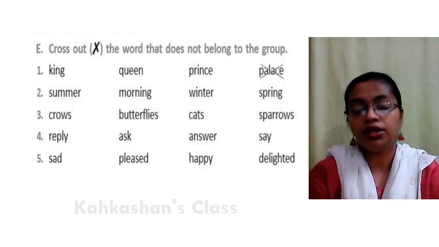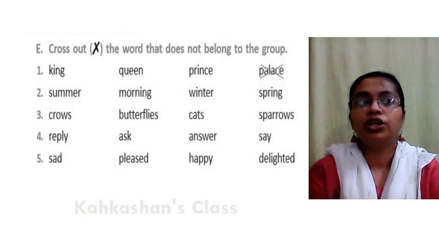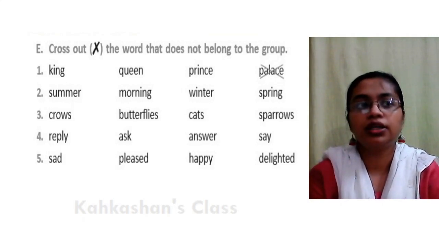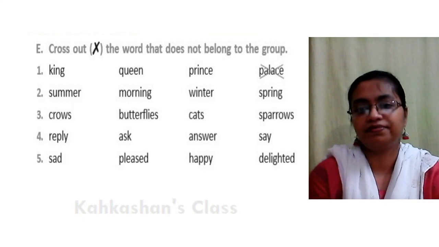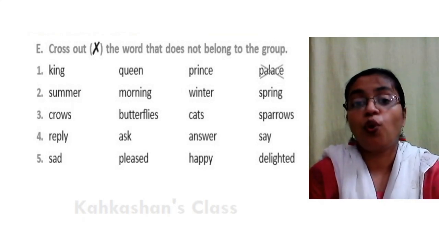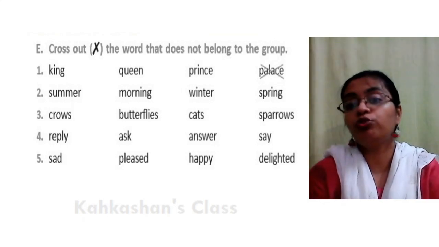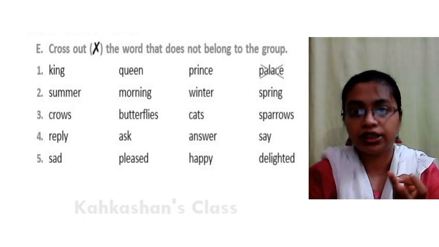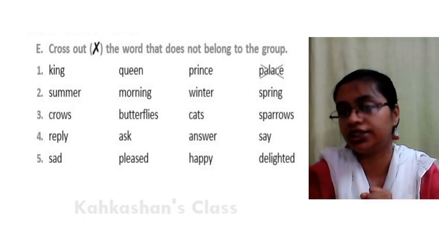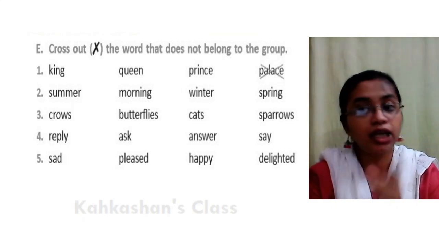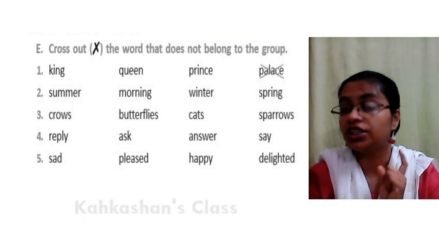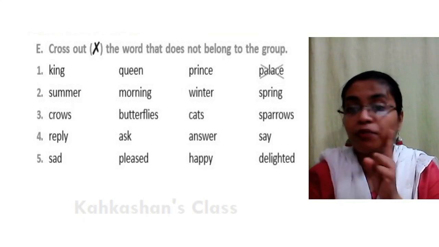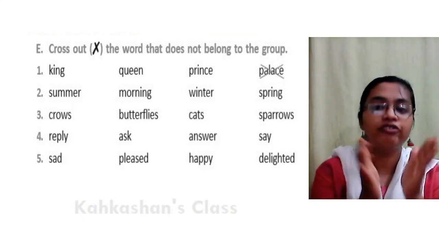For example, if I am giving you chair, table, cupboard, cup. So, which is not part of the group? Chair, table, cupboard are furniture. But cup is not a furniture. Cup is a utensil. So it will not belong to the category of furniture.